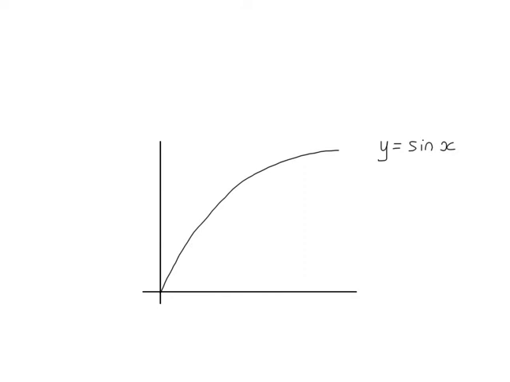The graph of y equals sine x, I want to work out the gradient right here. I choose a second point on my curve. Along the x direction, my second point is the distance h away from the first point. So if this has a coordinate x, this will be x plus h.